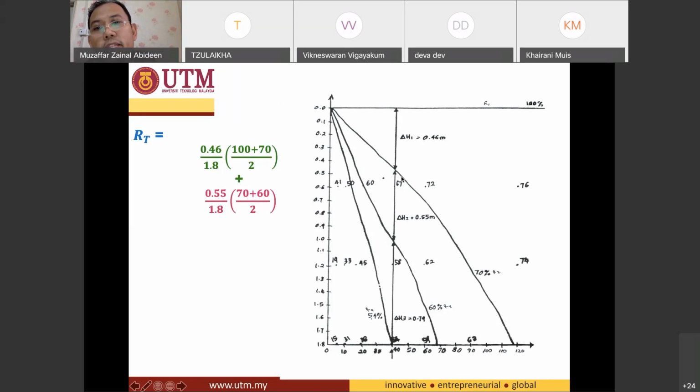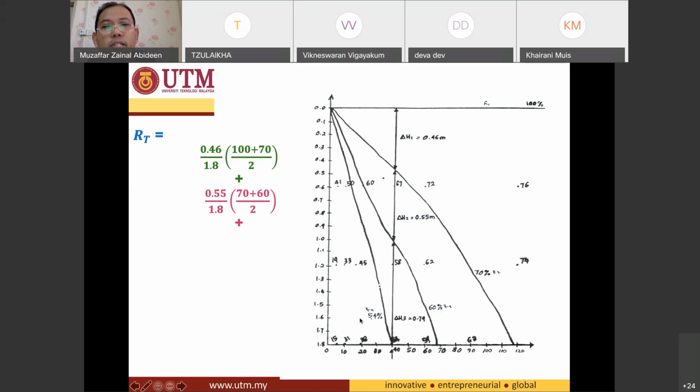This is the line of 70, and this one is the line of 60. Then you have to add both numbers and divide by 2. And then the last part is to obtain the delta H which has been measured by me.